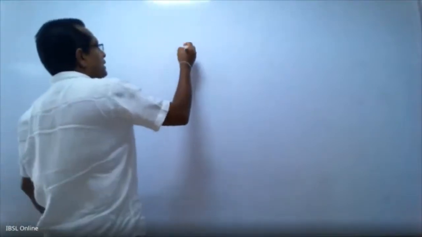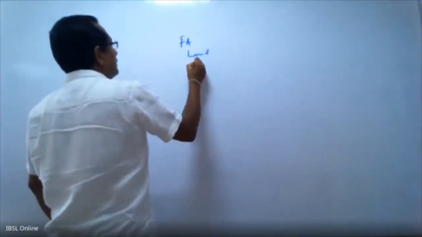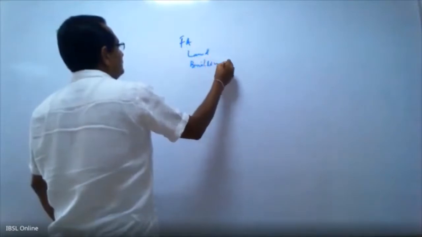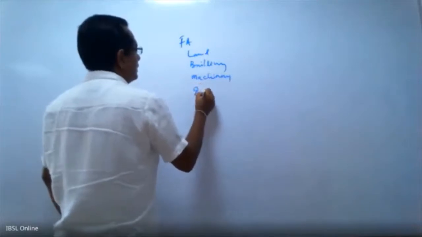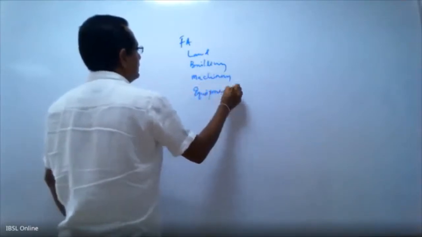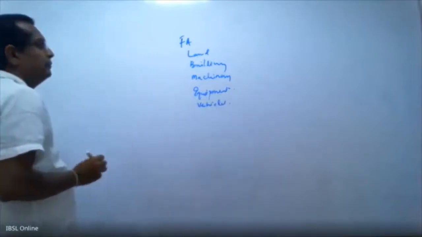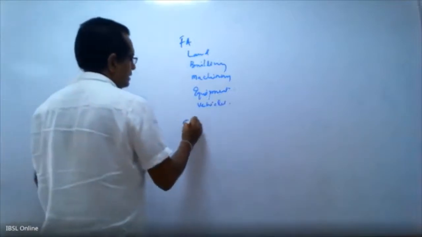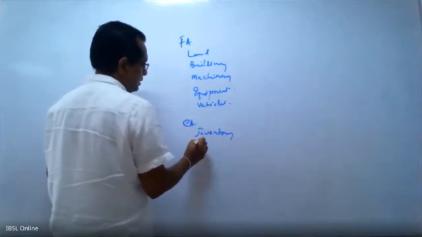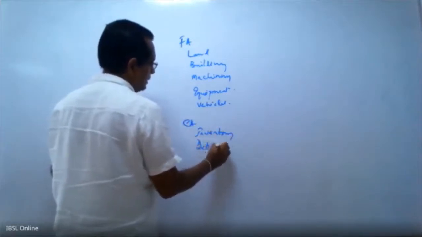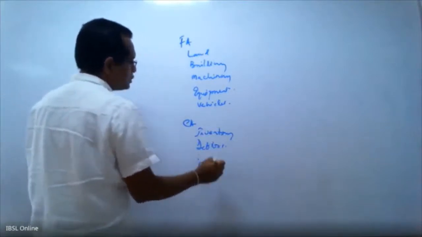So in the business, we have the fixed assets, which are land, building, machinery, equipment, vehicles, right? Then we have current assets, inventory, debtors, and so on, then cash.